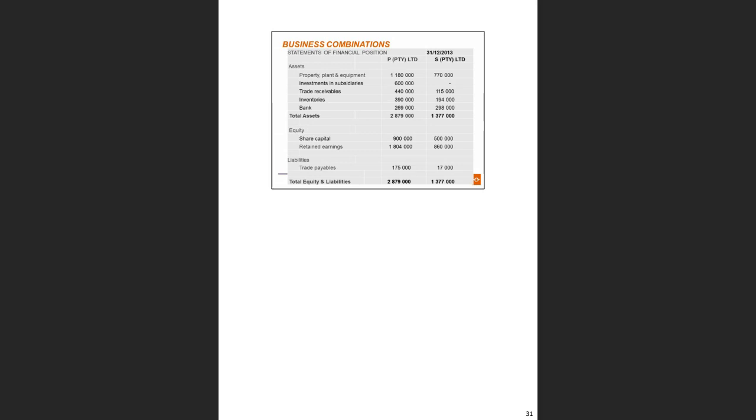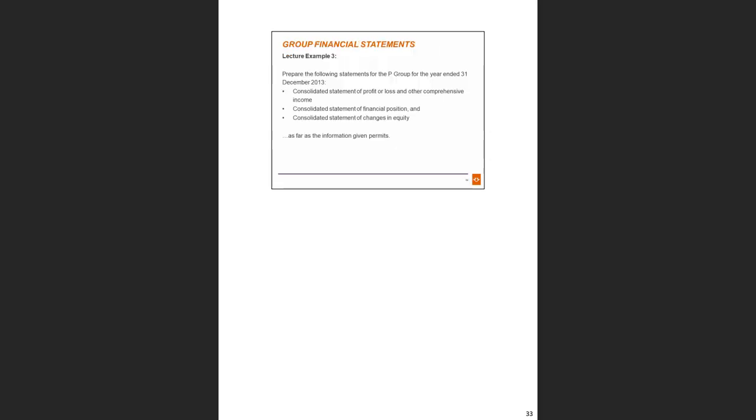Okay, sorry. Let's have a look at the statement of financial position. So here you can see that the closing balance of retained earnings of S Pty Limited is 860,000. So this is the closing balance. So now we need to work backwards in order to calculate the other retained earnings amounts.